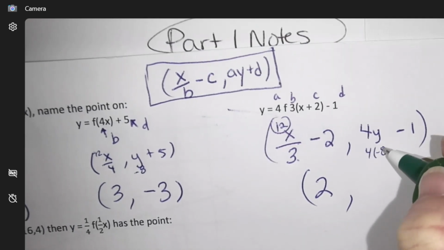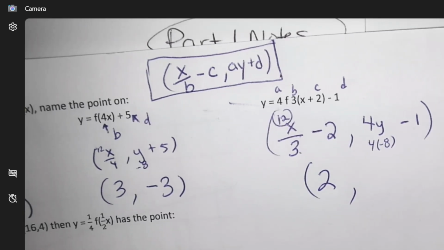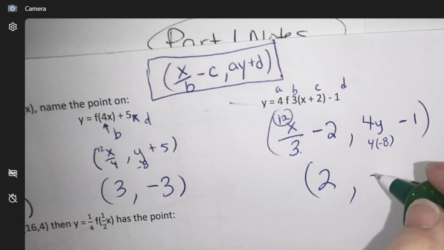Four times negative 8, what are you at right now? Negative 32. And then minus 1 more.